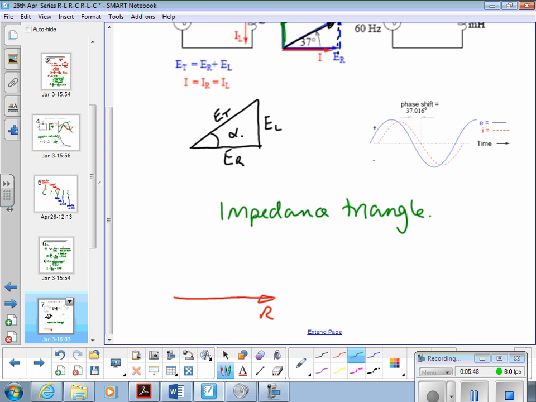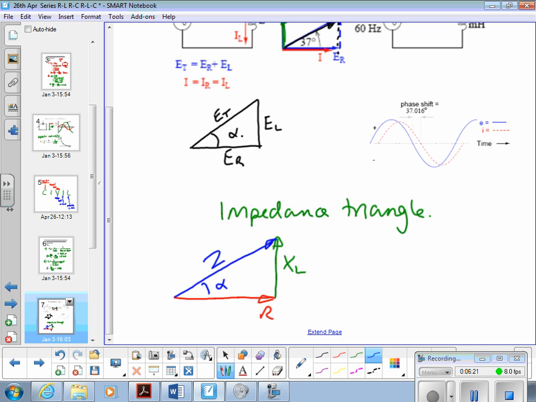We have XL, the inductive reactance, as the vertical. And then the hypotenuse of that is the total impedance, Z. And again, this angle in here will be the same as that angle there, always.